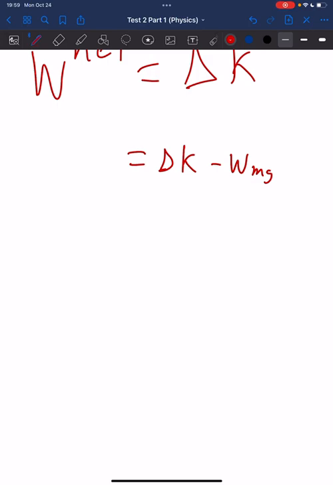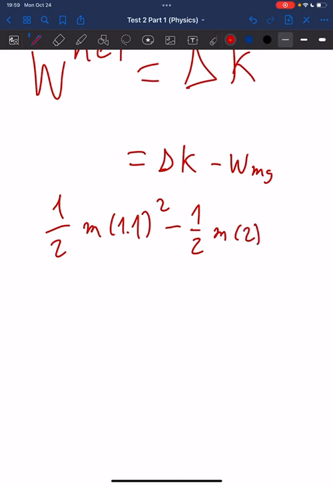So we have half m times 1.1 squared, and then half mv squared, but this one is the final and initial, so 2 squared as well, minus 0.